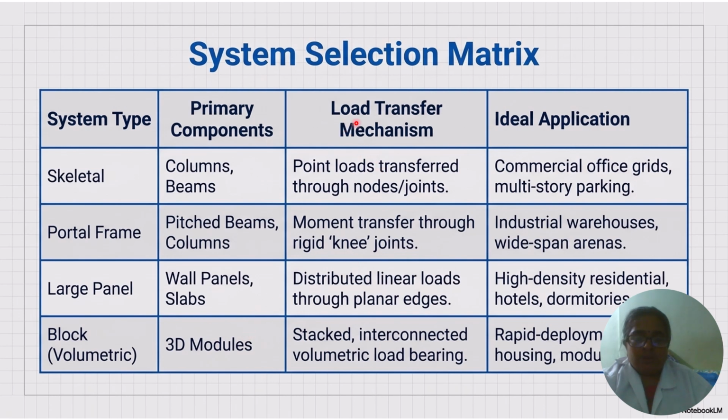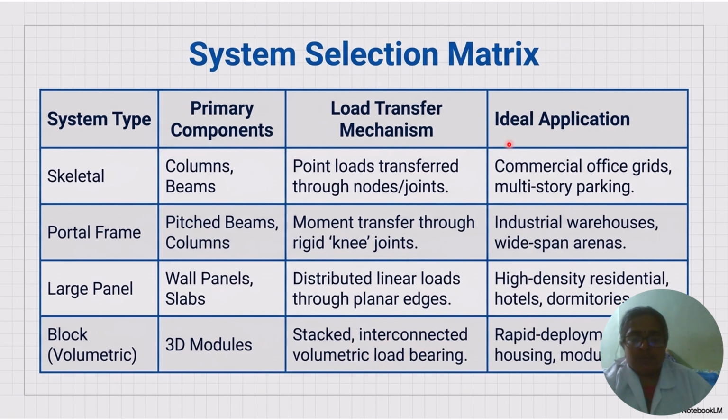How the load transfer mechanism happens for these systems, as we have seen in the previous slides, is listed in the table form here. Point loads are transferred through nodes and joints, moment is transferred through rigid knee joints, distributed linear loads through planar edges, and stacked interconnected volumetric load bearing.